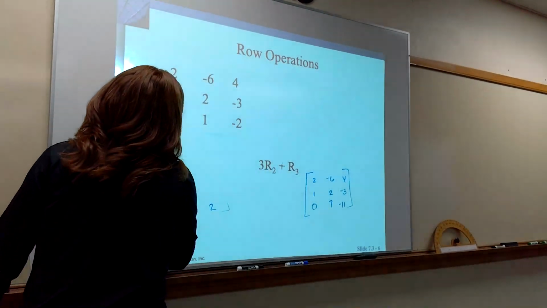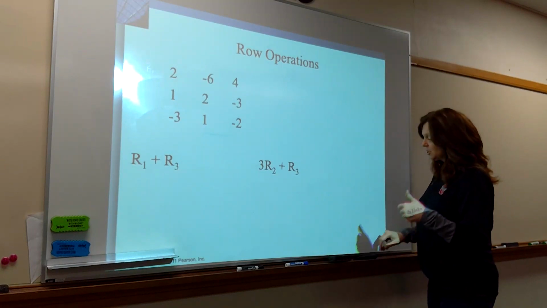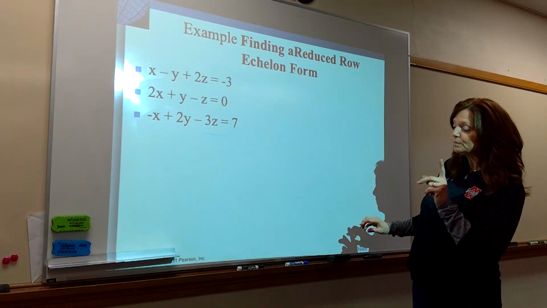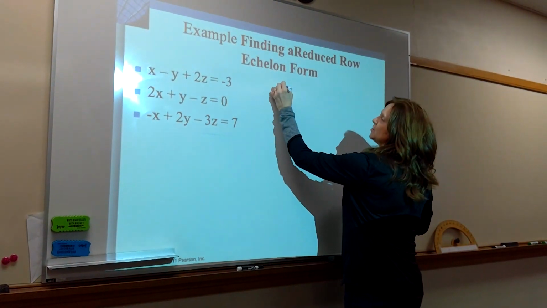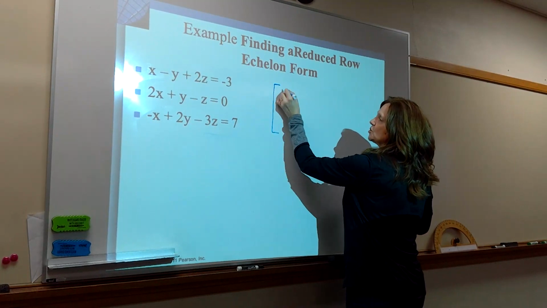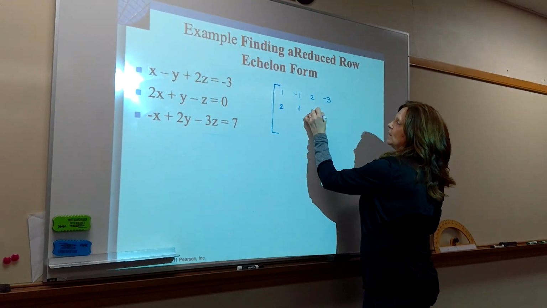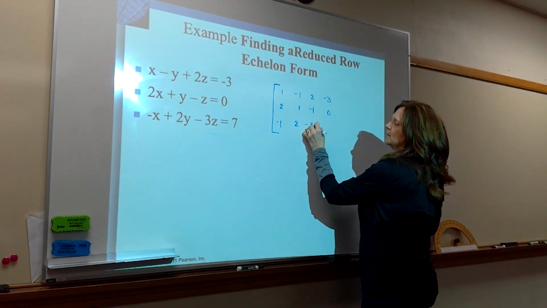Okay, so we're going to show you how to do that. How do you do this reduced row echelon form so you can get x, y, and z answers, the answers to all of your variables? Okay. So first we got to enter this in, right? So keep in mind you're going to enter this in as just coefficients. So we have a 2, a 1, a -1, a 0, a -1, a 2, a -3, and a 7.